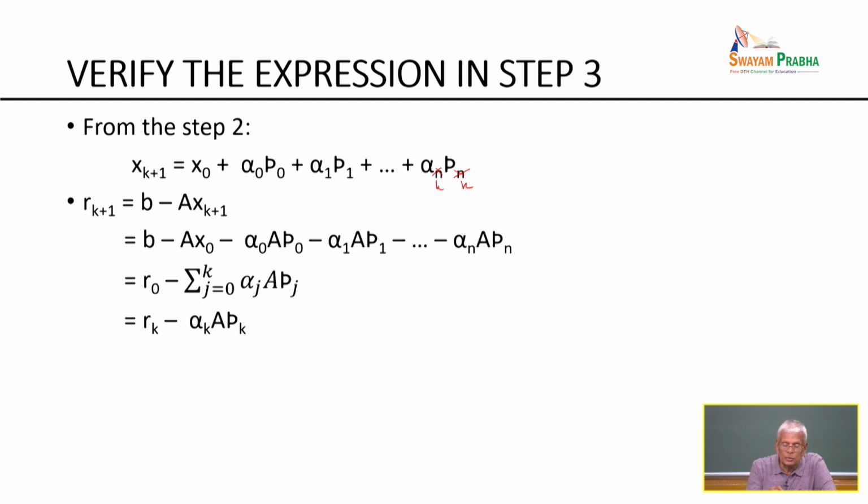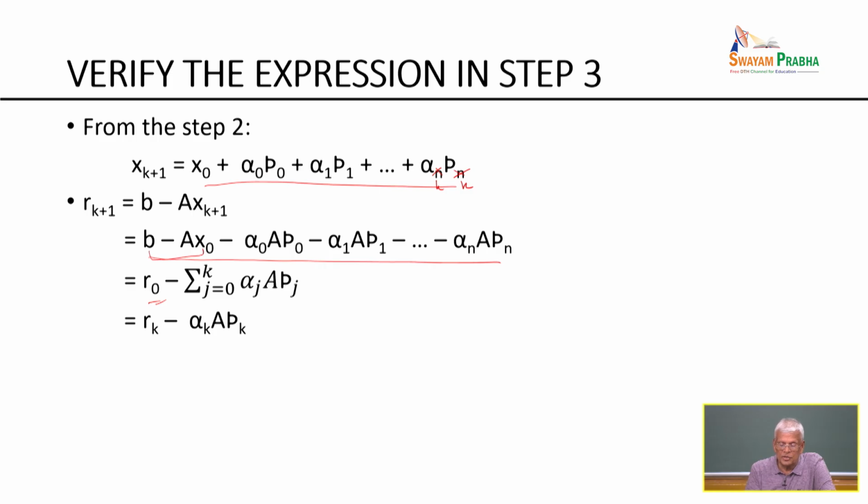So, r k plus 1 is equal to b minus A x k plus 1. Substitute for x k and you get an expression equal to r naught minus the sum of alpha j A p j.